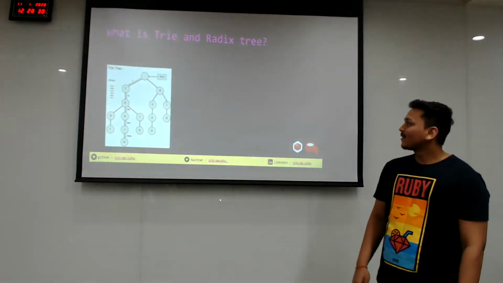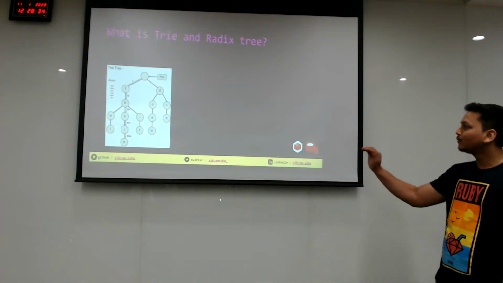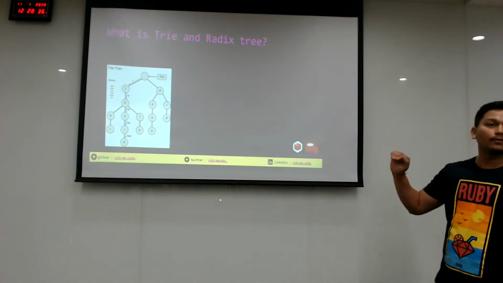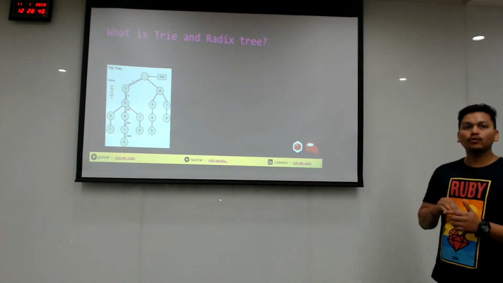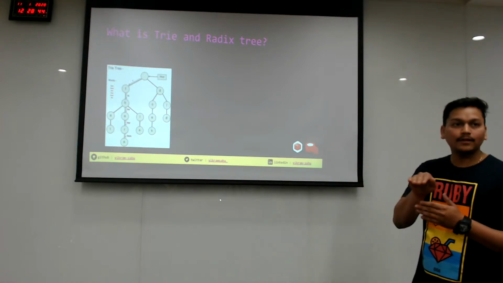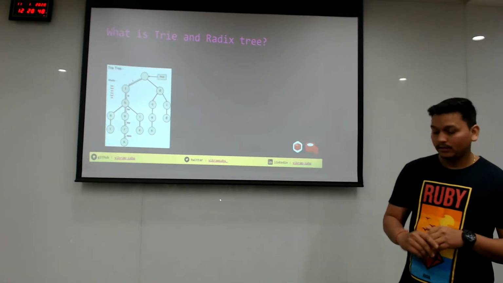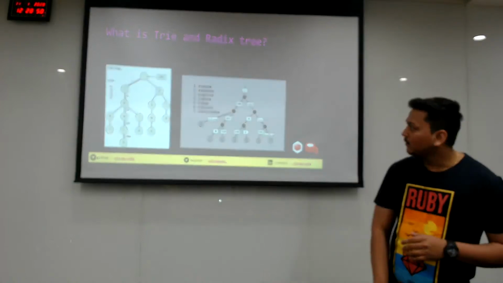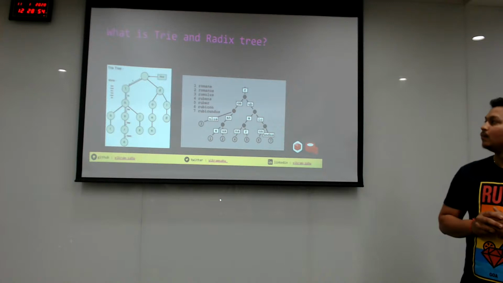Okay, so this is a trie tree. How does it work? It stores each and every alphabet at a particular node. So whenever you search for something, each alphabet has its own sequence of returning back, right? And this is the Redis tree, much more compressed.